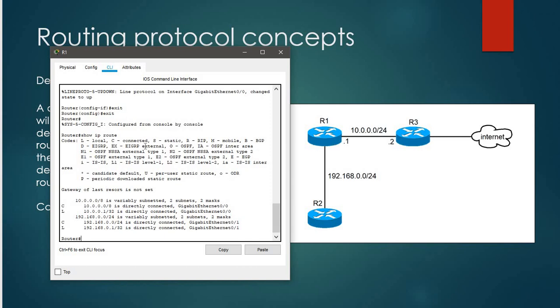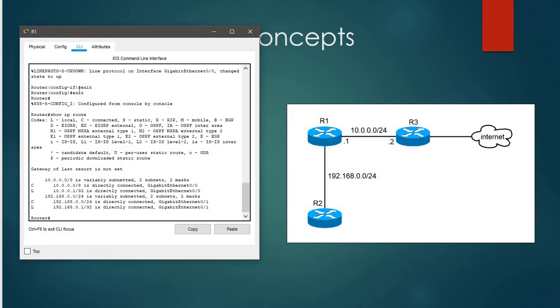If we type show IP route in the command line, below it we have abbreviations with descriptions of the short forms: L is local, C is connected, and S is static.